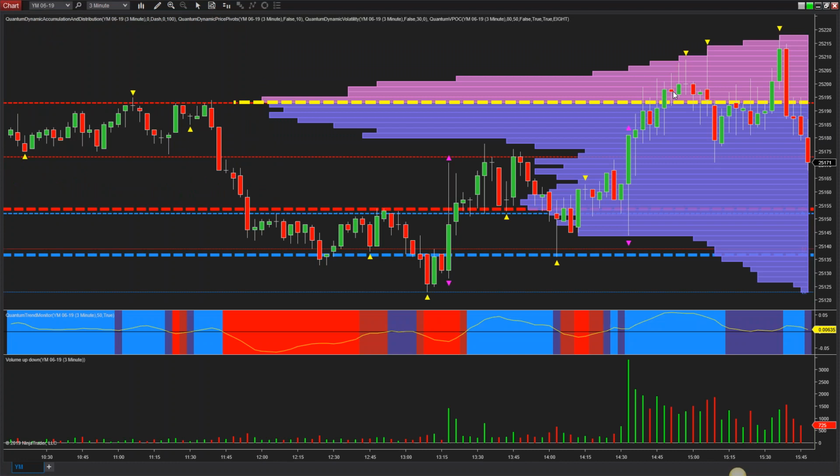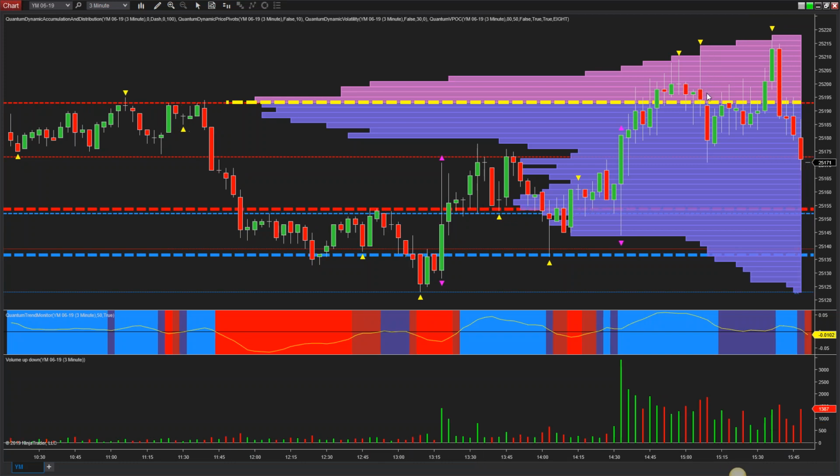Bit of support coming in there. Doji tries to rally again. Big wick to the upper body. Bit of support coming in on the VPOC. Effort to rally, falls away. Down to the upside, trying to rally again with these candles. Get up here, then we get a bearish engulfing. Down to the downside again. And then these down candles developing here, tried to rally, fallen back. Tried to rally, fallen back. You know, it's not a good sign at all.